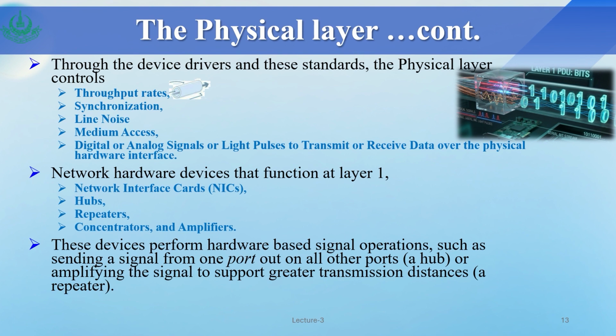Network hardware devices that function at the physical layer, or layer 1, are the network interface card, hubs, repeaters, concentrators, and amplifiers. These devices perform hardware-based signal operations, such as sending a signal from one port out on all ports, as hubs do, or amplifying the signal to support greater transmission distances, as a repeater does.